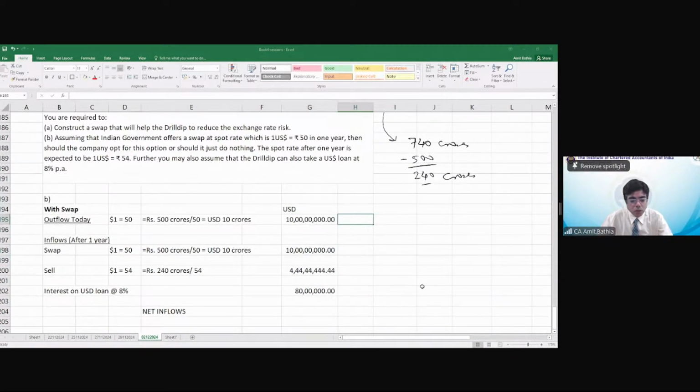Put numbers over here, or A, B, C, D. Okay, this will help us. So what is my net inflows over here? My net inflows are B plus C minus D minus A. Am I right?